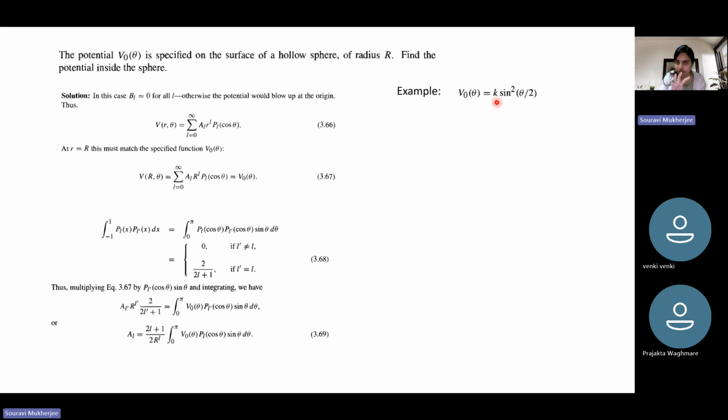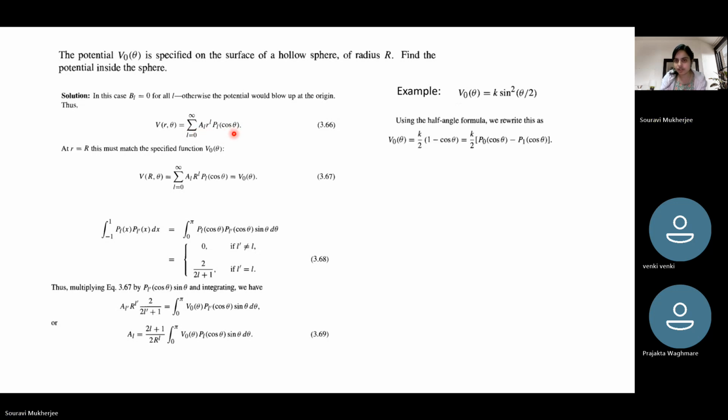You know how the potential is on the surface, and you want to find the potential inside. So basically you need to find a solution of the Laplace equation. You can put in all the boundary conditions, but since this is in spherical coordinates and this is how the general form should be, we can directly start by comparing the potential with this form.